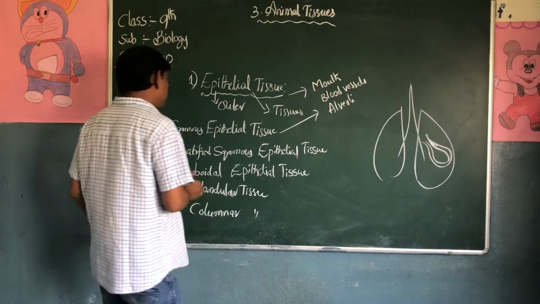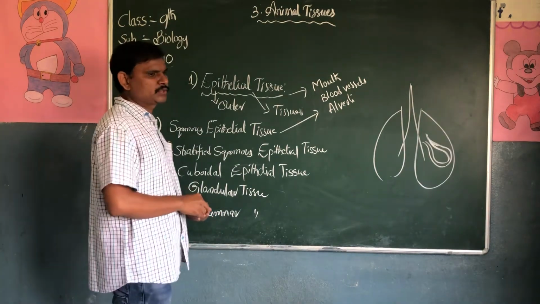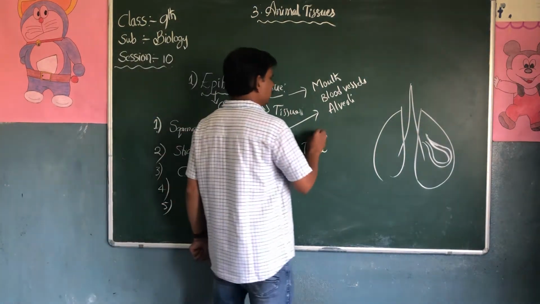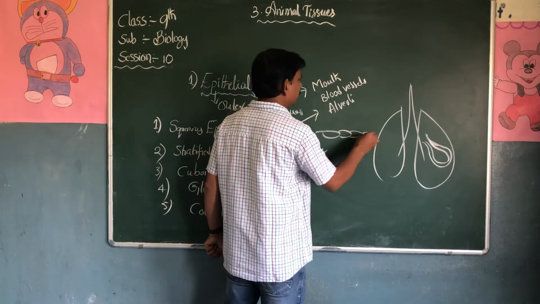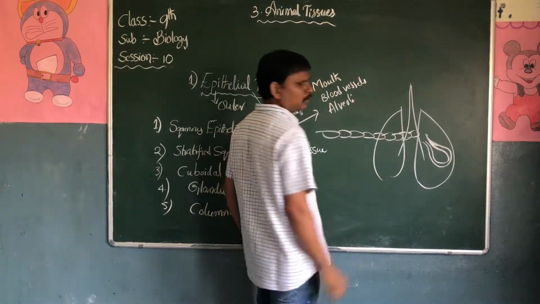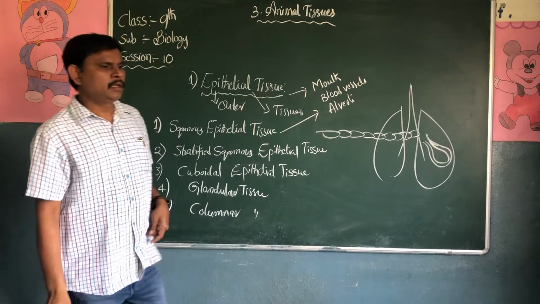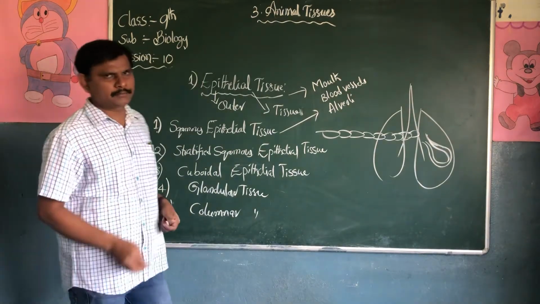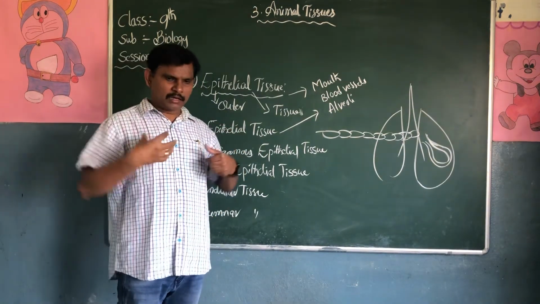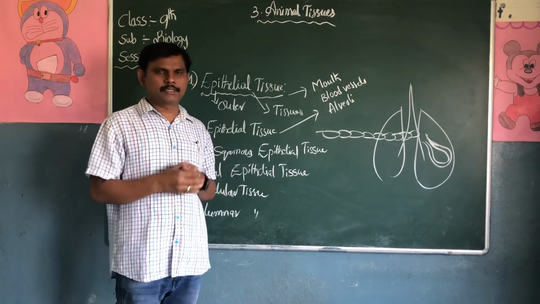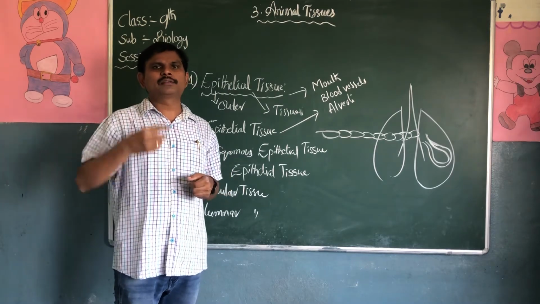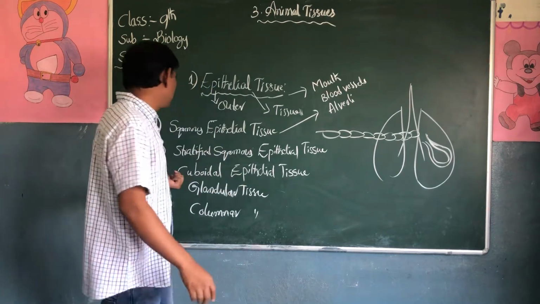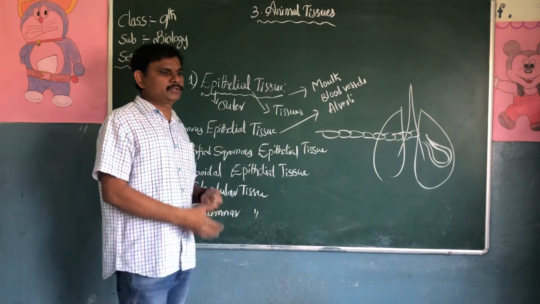The next one is cuboidal epithelial tissue. It forms the lining of organs. In the organ systems, the lining is made up of cuboidal epithelial tissues.